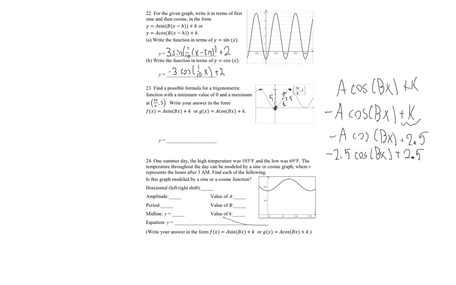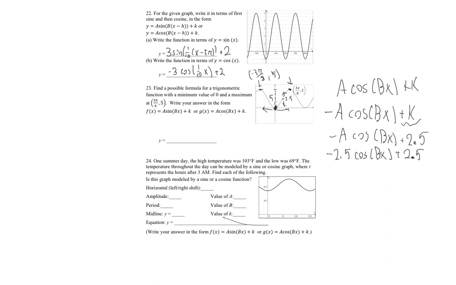Now, another thing we can use is that because we start at the minimum, this max and this max are basically equal distance on each side. So this is going to be -3 pi over 8, comma 5. And that's 3 pi over 8, 5 as well.